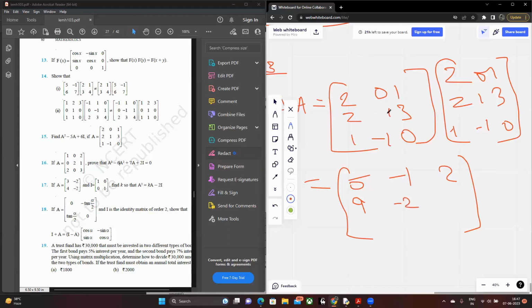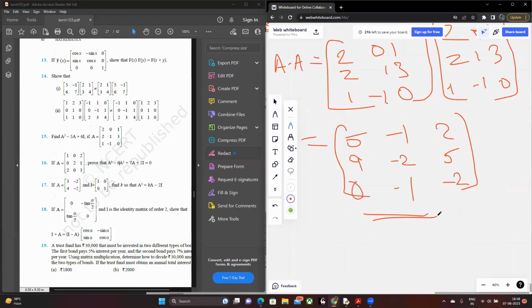And you have 2 1s are 2 plus 3, 5. And finally, you have 2 minus 2, 0 plus 0 is 0. You have 0 minus 1, 0. And you have 1 minus 3, that's minus 2. And so you have A squared being [5, minus 1, 2; 9, minus 2, 5; 0, minus 1, minus 2].